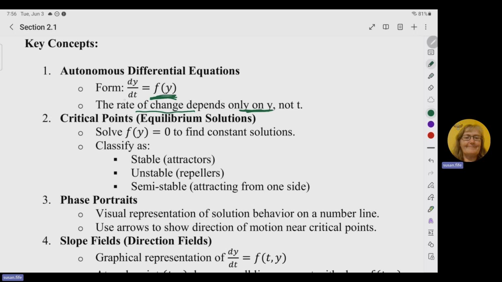And then here we're looking at a derivative, and our critical points. We know that critical points are where the derivative is equal to 0, or you also have to ask, where is the derivative, f of y, undefined?